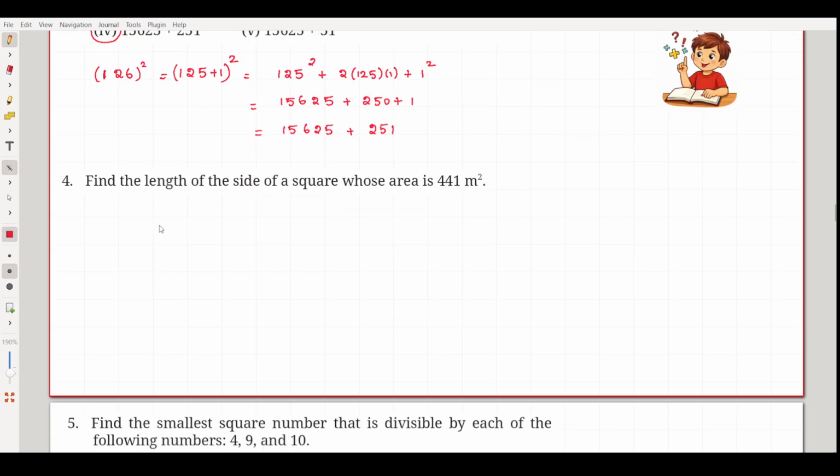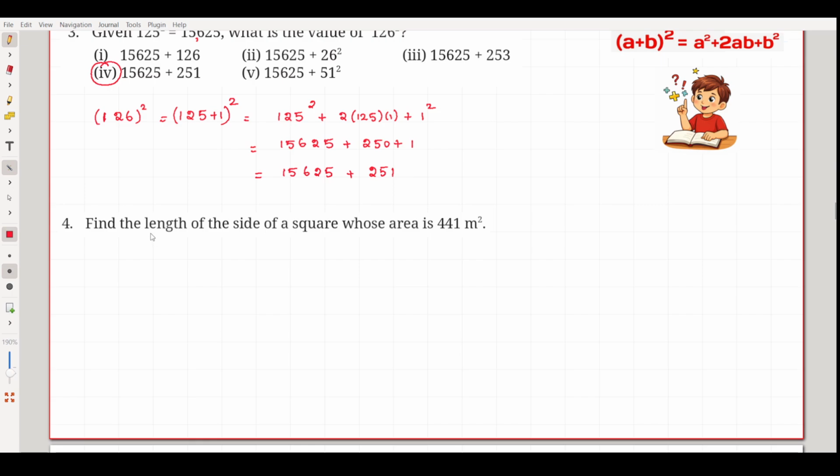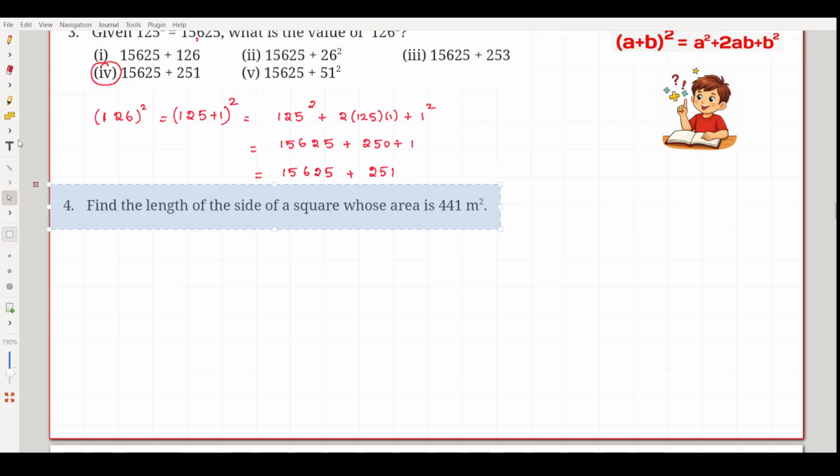Next, fourth question. It's given: find the length of the side of the square whose area is given.